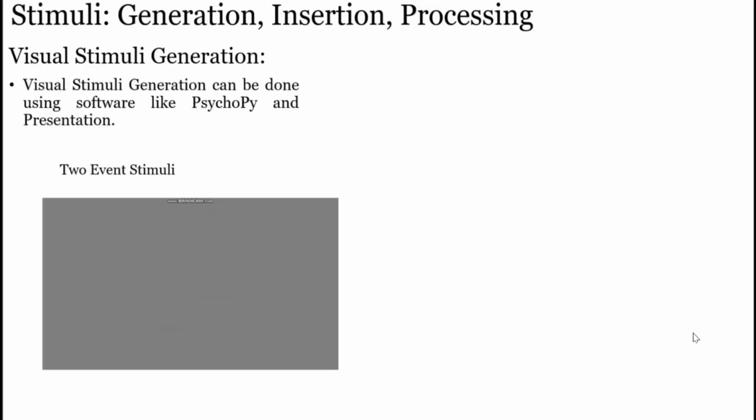Using this software you can program your visual stimuli, and further you should have an appropriate display, like a Raspberry Pi display or something like that, in which you can see your generated image. These are the very basics of visual stimuli. I will first show you a small two-event stimuli. It's actually of a longer duration, chopped to 30 seconds. So I will show you that 30-second stimuli.